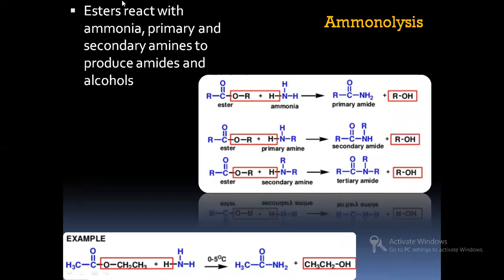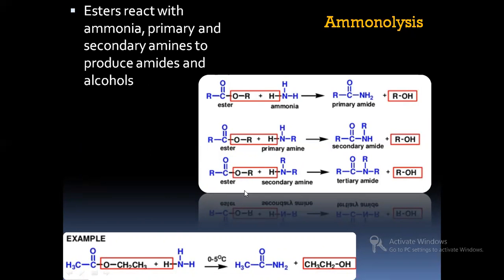Coming to ammonolysis, esters react with ammonia, primary and secondary amines to produce amides and alcohol. Alcohols are produced as byproducts in all three reactions. First, the general reaction of an ester reacting with ammonia, forming a primary amide. Second, an ester reacting with a primary amine to give a secondary amide.